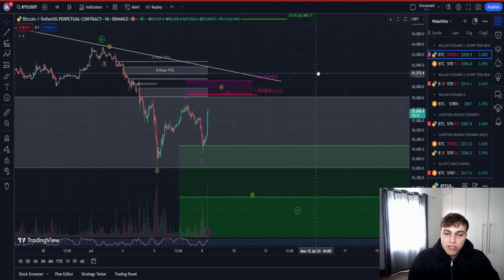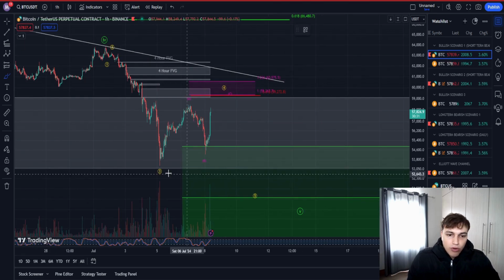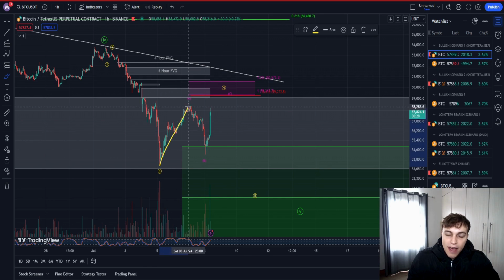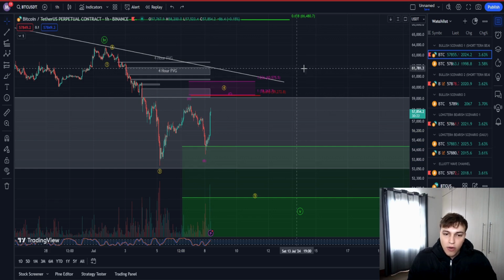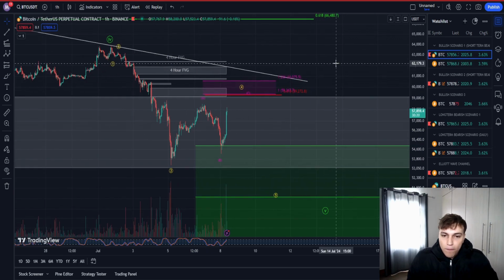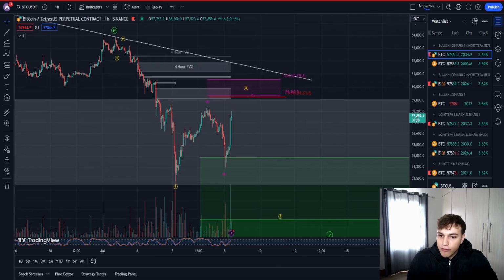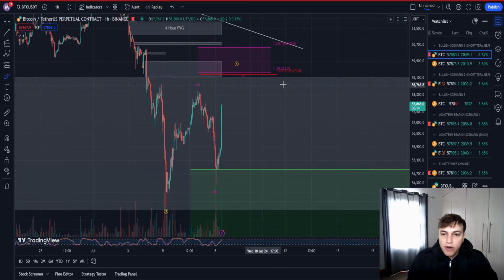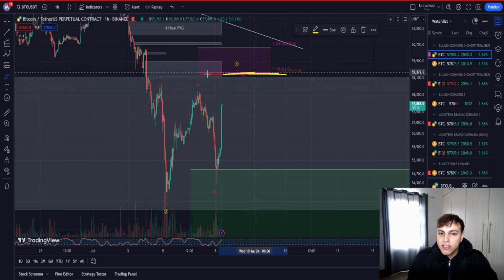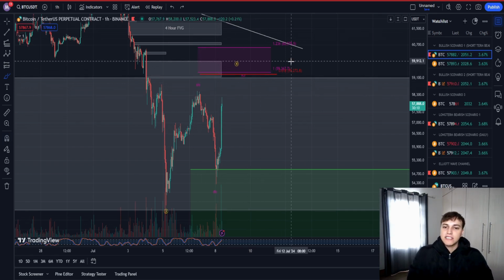So at the moment we saw this move over the weekend, an A followed by a B, and hopefully another wave C now occurring. Now, the invalidation for this wave 4 is the 0.618 at 59,272.